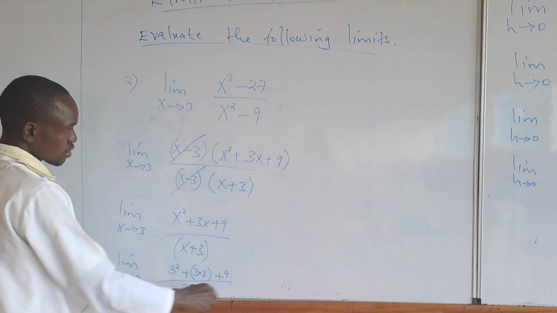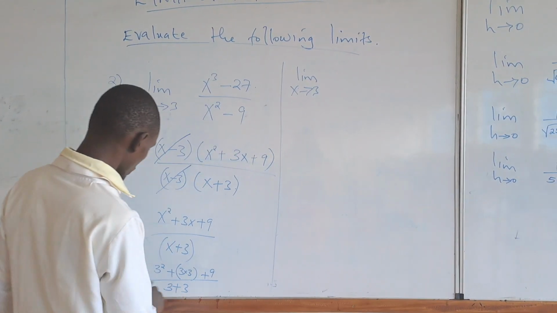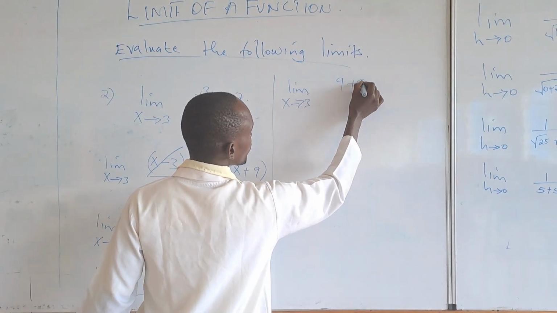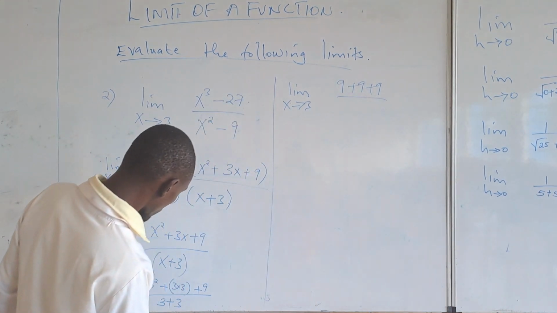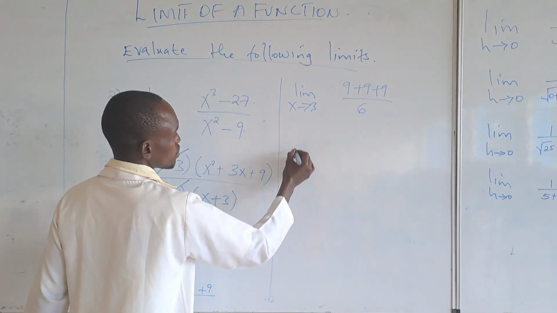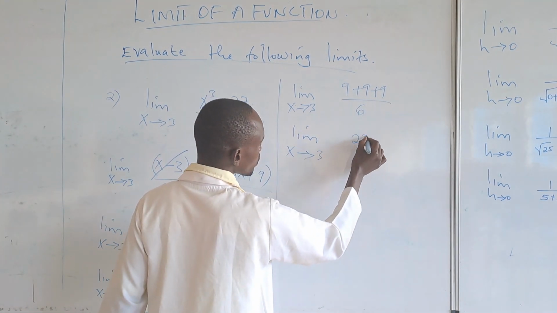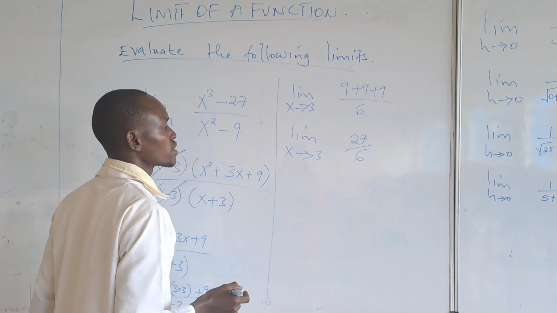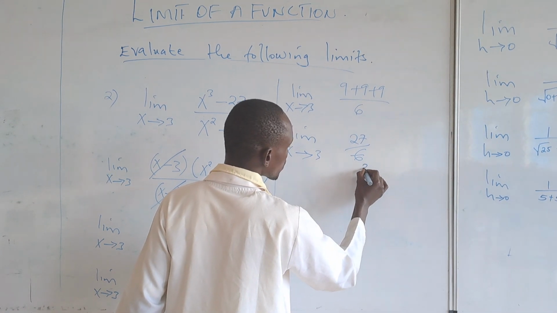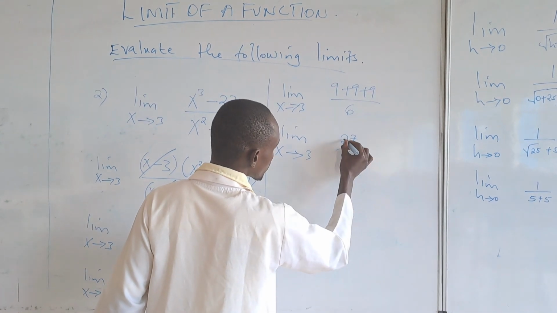So that will be the same as 9 plus 9 plus 9, which is 27, over 3 plus 3, which is 6. So the limit as x tends to 3 is 27 divided by 6. 3 goes into 6 two times, and 3 goes into 27 nine times.